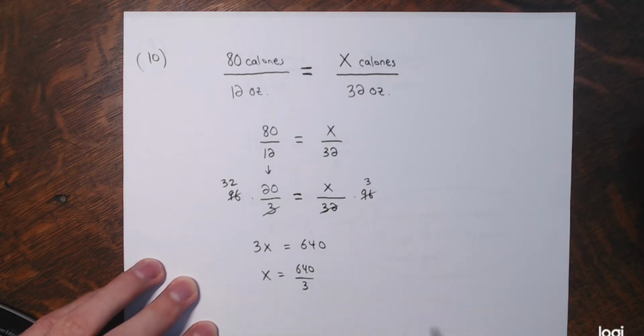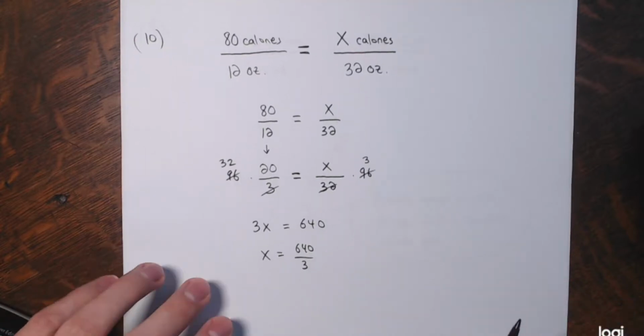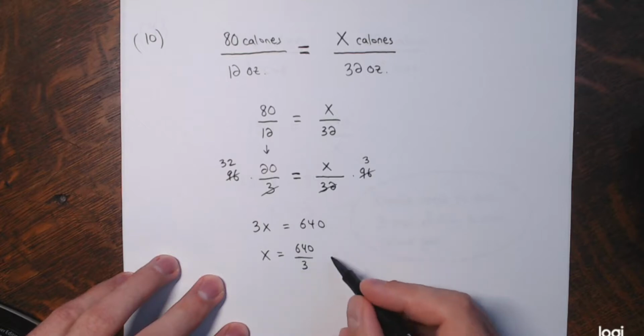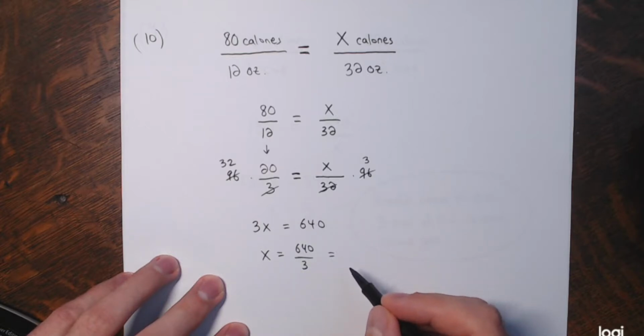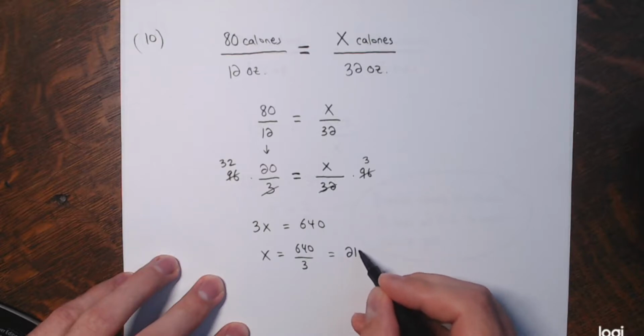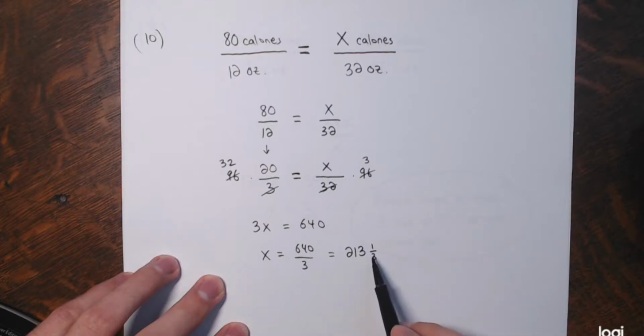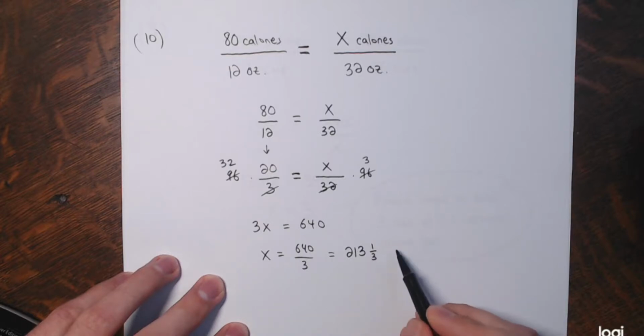That does not reduce anymore. 3 doesn't go into 640 evenly. It would go into 639 evenly. It would be 213 and 1/3, if you wrote it as a mixed number, calories.